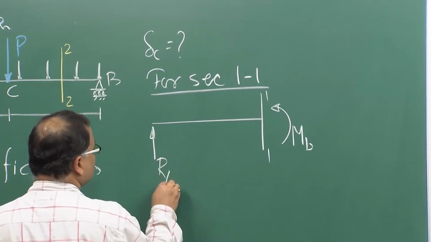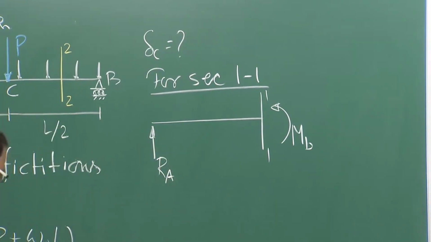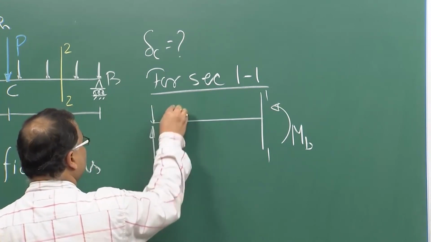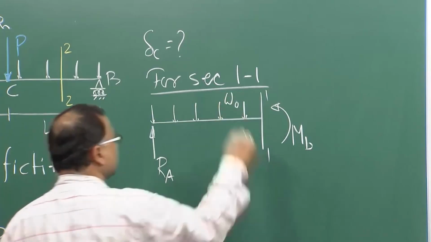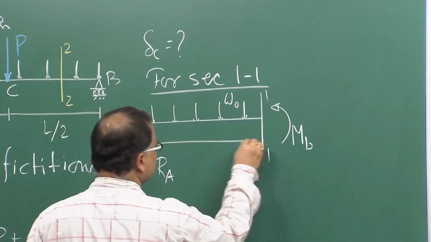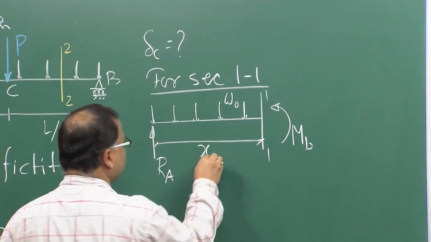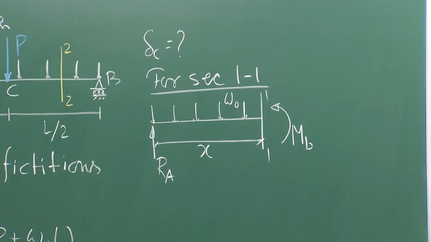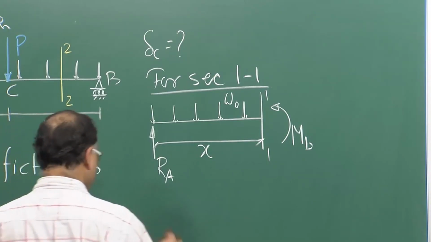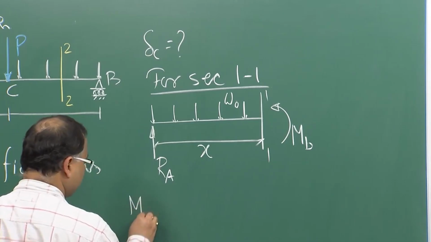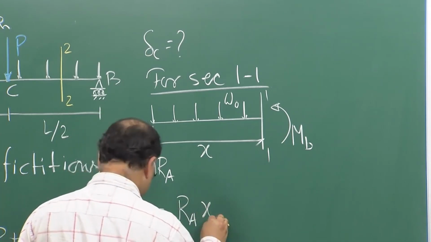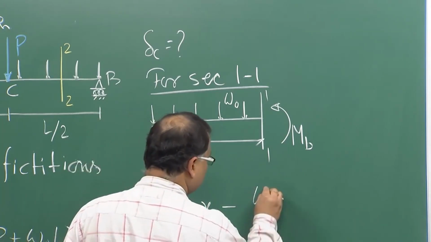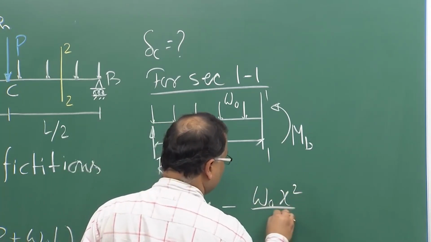So, this is your RA, and you have uniformly distributed load W naught, and this distance is x. Fine. So, your bending moment expression, as you know, is RA x minus W naught x square by 2.